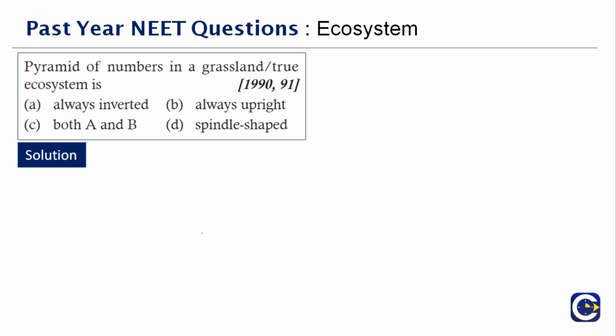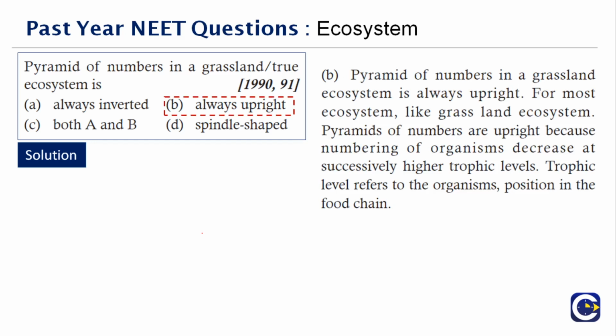This number then shows a decrease towards apex. Primary consumers are lesser in number than the grasses. The secondary consumers are lesser in number than the primary consumers. Therefore, the correct answer to this question is option B, always upright. And later, of course, there's fluctuations found, but predominantly it is always upright.